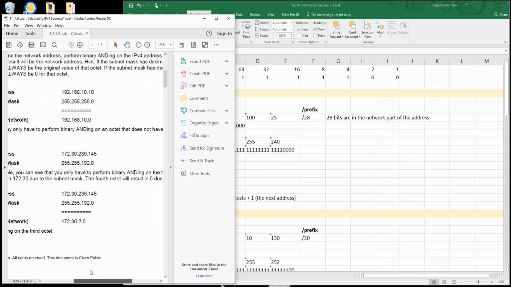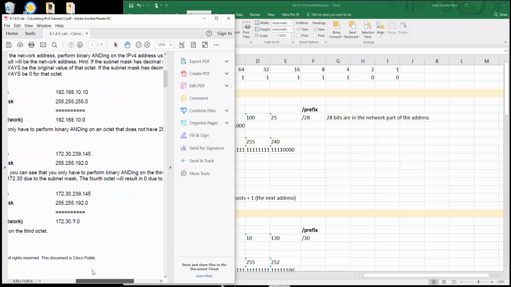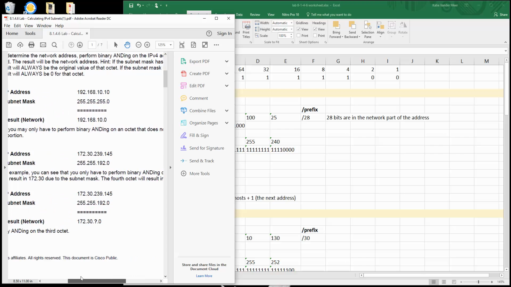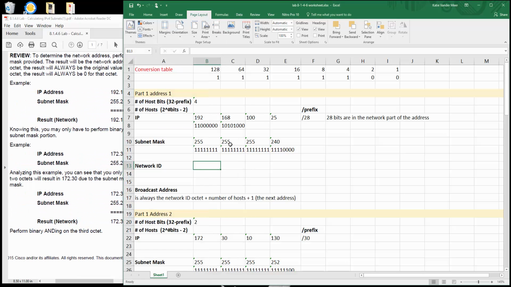If it has a 255, it's the same. If it has a 0, it becomes a 0. So we're going to compare this address with this address to come up with our network ID.